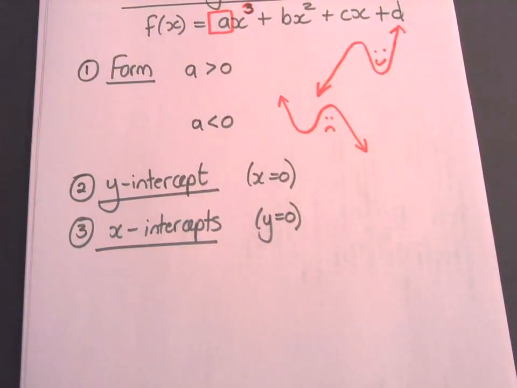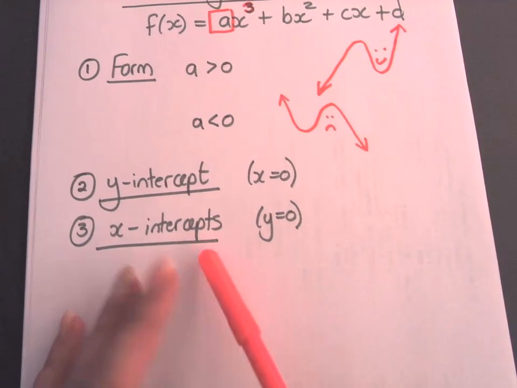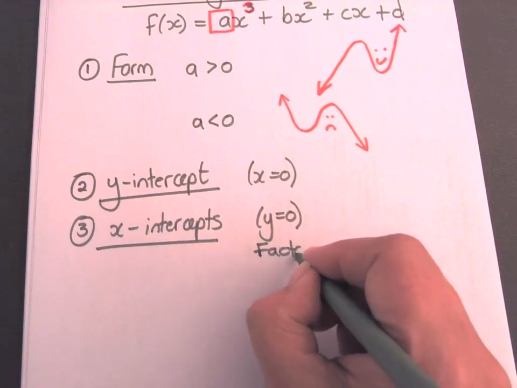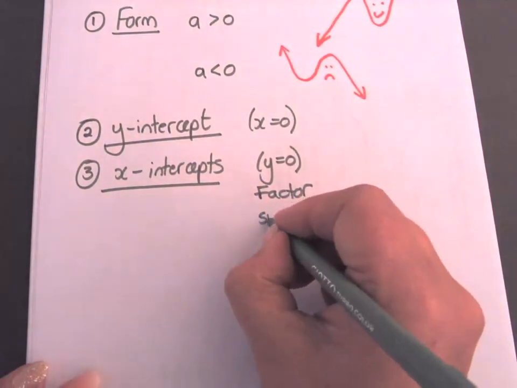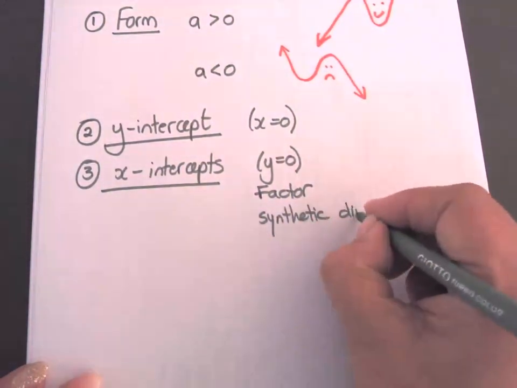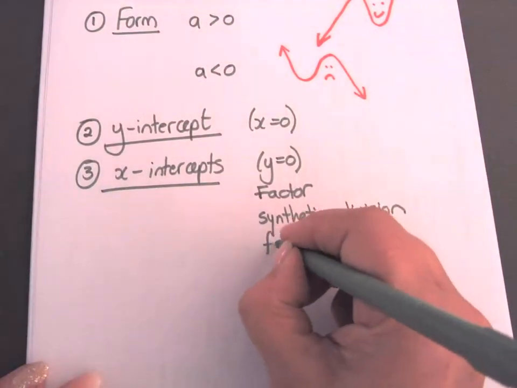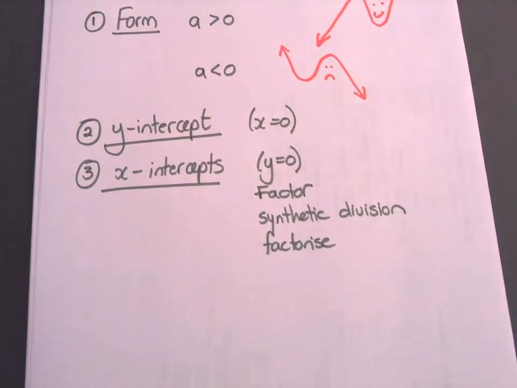But now we have 3 x-intercepts. So first we need to find a factor. Then you have to do synthetic division. And then you have to factorize the last factor. And then you get your 3 intercepts.